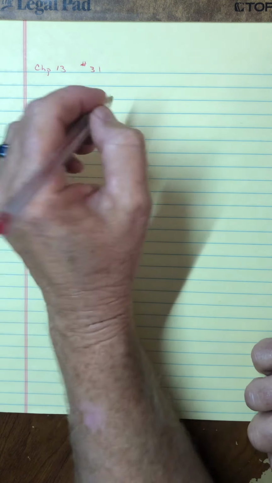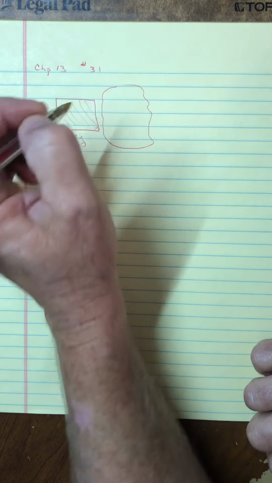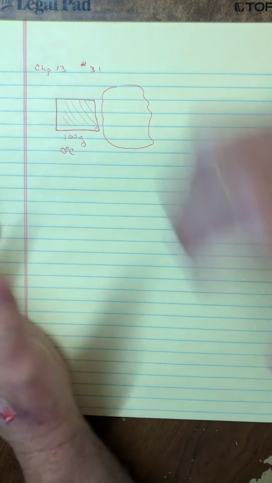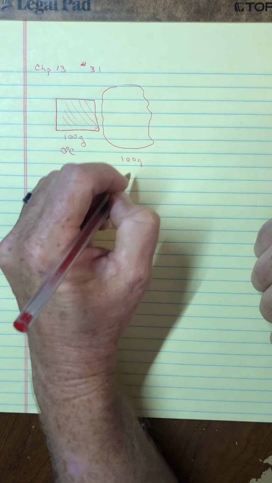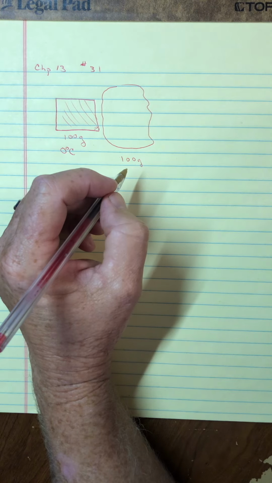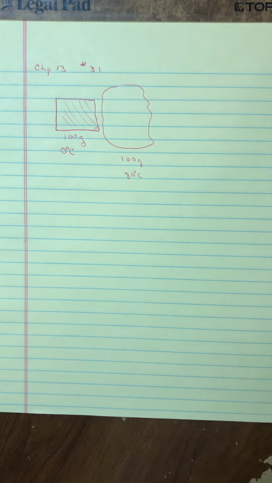Now it is added to, and I'll just put it adjacent like this. Obviously, it would kind of mix together, but you would have 100 grams of water at 80 degrees Celsius. Okay?